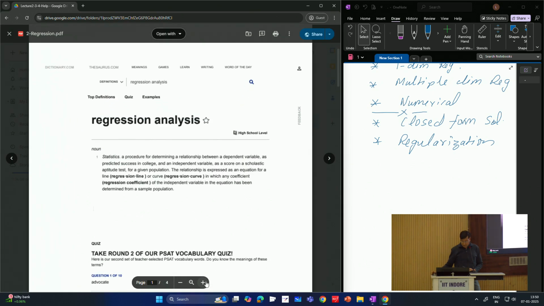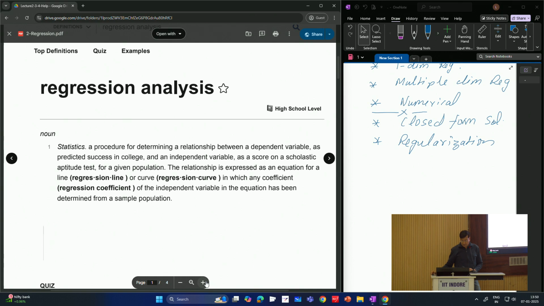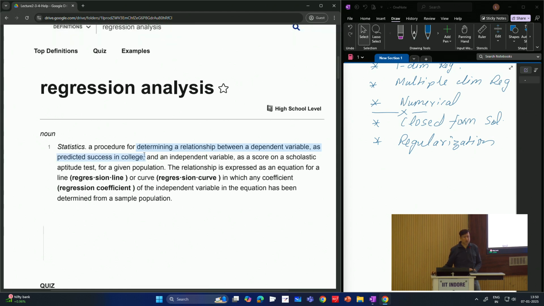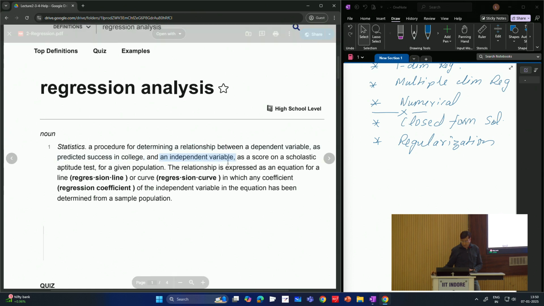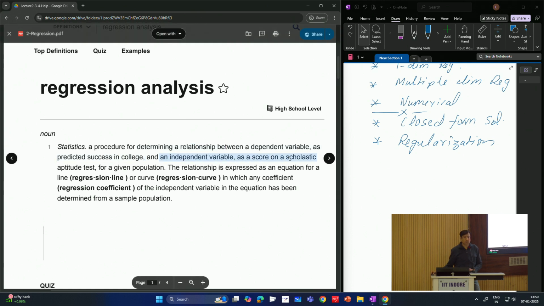What does it say? In statistics, a procedure of determining the relationship between a dependent variable and independent variables. For example, your success in college, of course they are writing this in the US context, is dependent on how much you have got in your SAT scores, which is the entrance exam for undergraduates there.